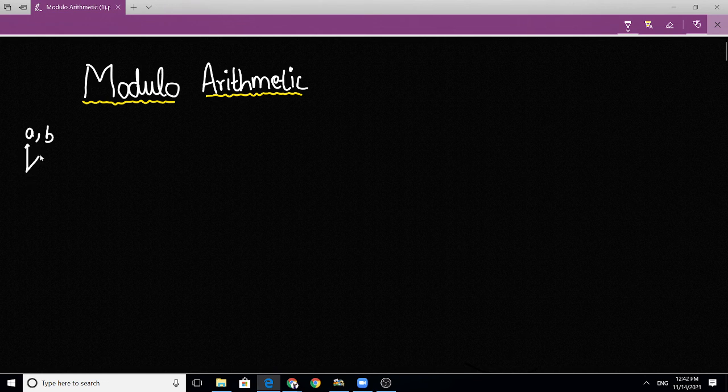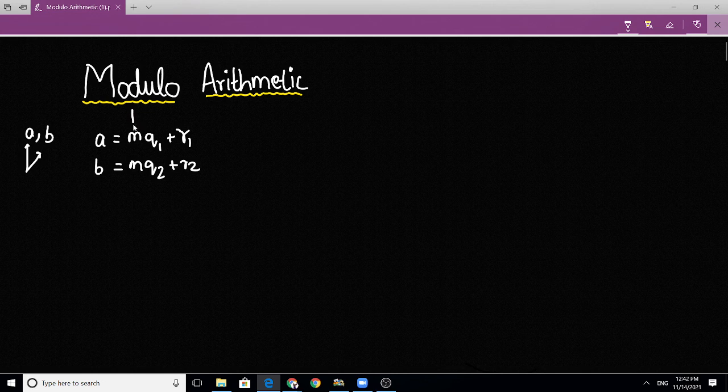and I am going to construct a division algorithm with these two. So a equals m q1 plus r1, and let us say b equals m into q2 plus r2. Observe here that I am dividing a and b by the same number, which is m.